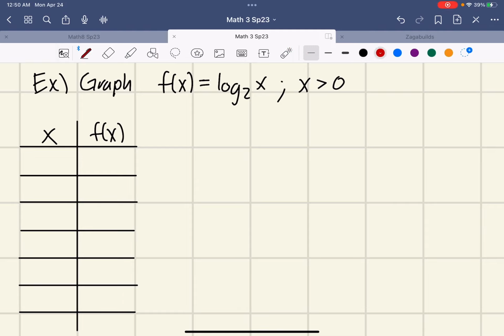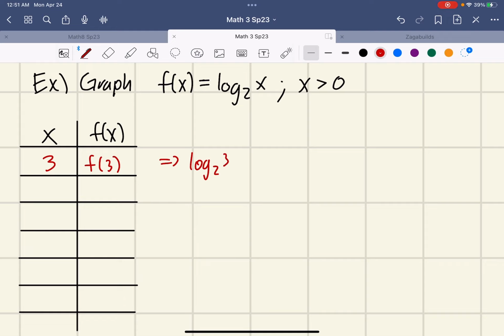So if I just started, 3 is a perfectly common number that we would use for our x when we're looking at quadratics, polynomials, rationals. 3 was a perfectly good number to use. Now, if I try using 3, that would mean I have to find f of 3, right? Which gives me log base 2 of 3.